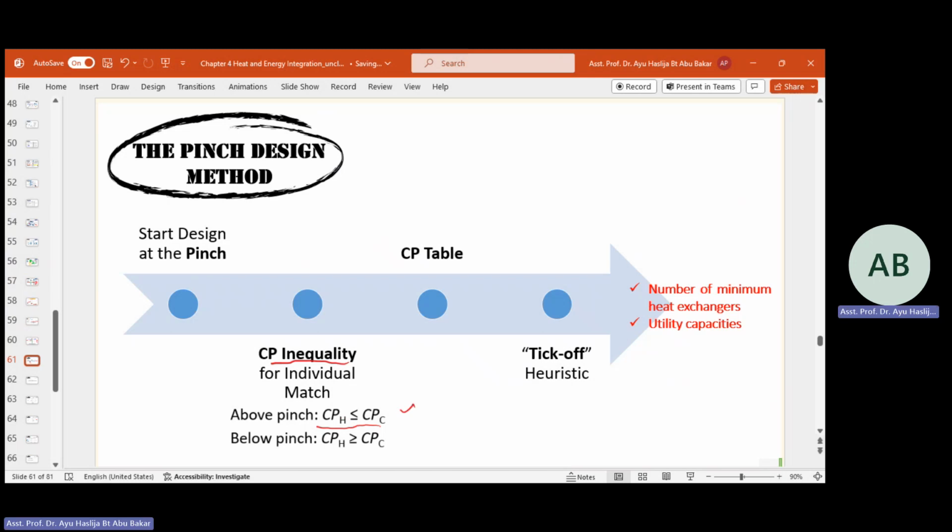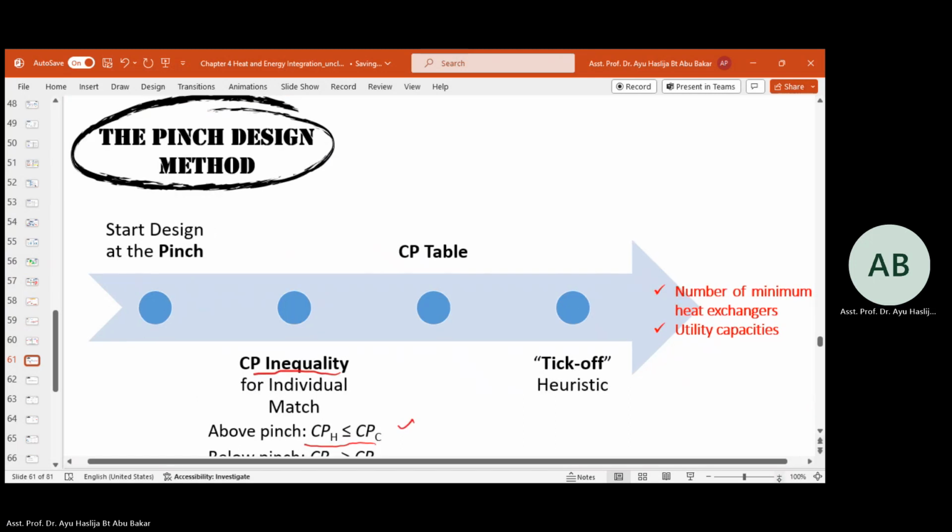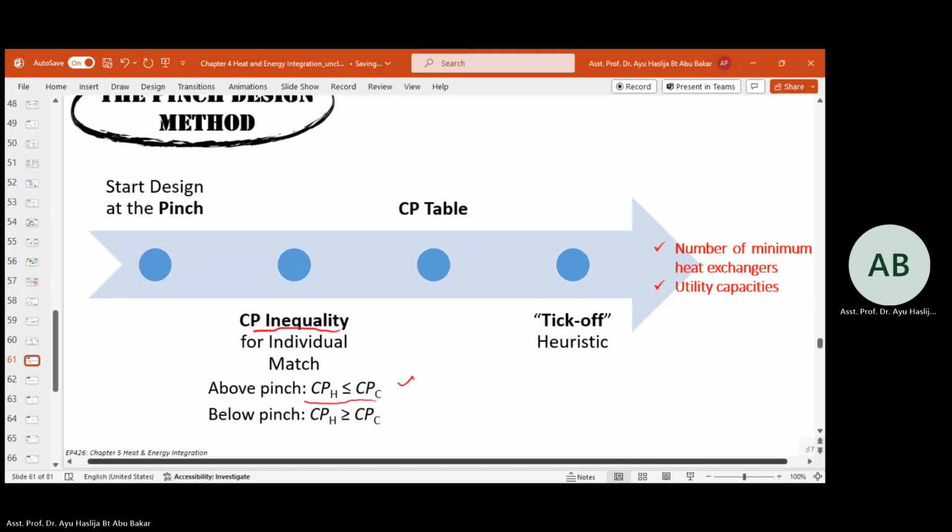Then only can you do the heat integration above pinch. Below pinch, CPH is larger than CPC. This is the rule.